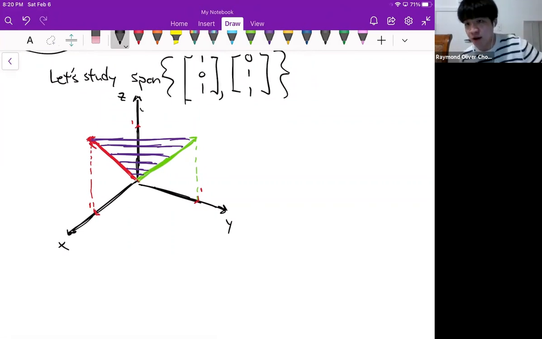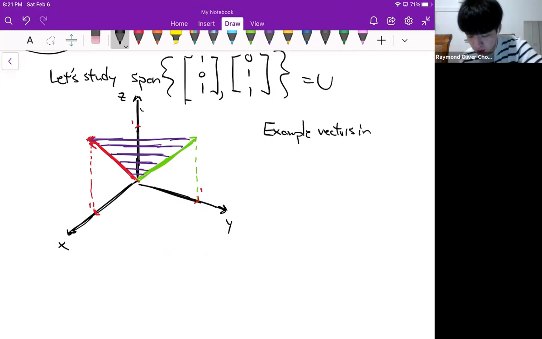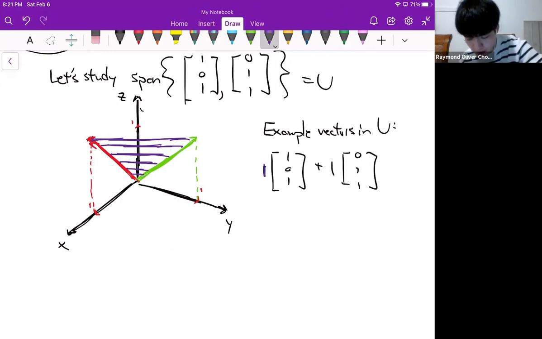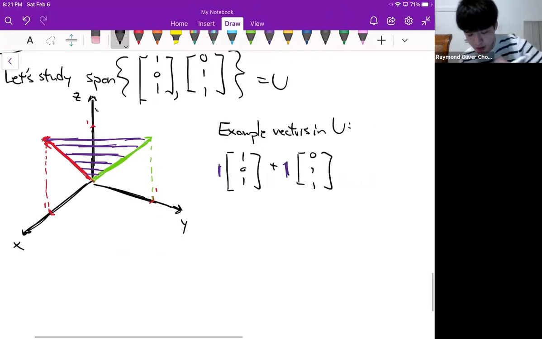Let's just write out a couple example vectors in, let's call this thing U, in U. So I could take one of each, 1, 0, 1, plus 1 times 0, 1, 1, right? I can put any numbers I want right here. So I'm putting 1 in each. And if you add them together, you get 1, 1, 2, right?